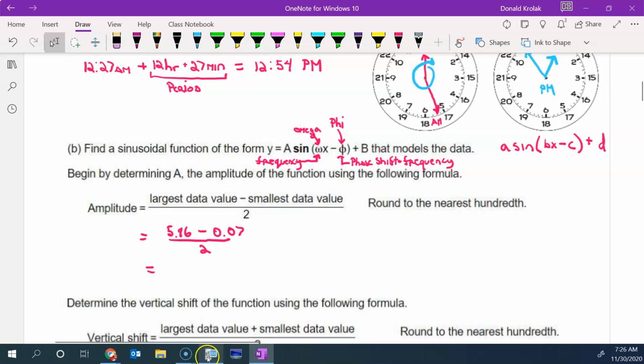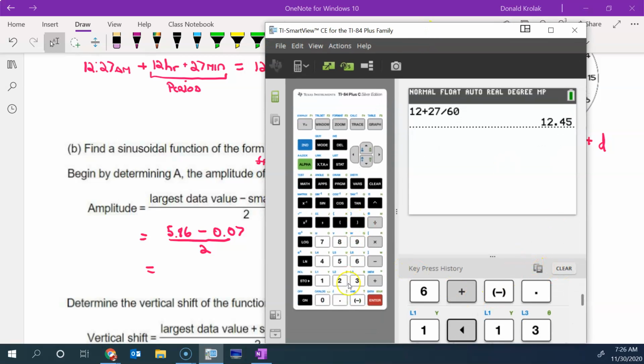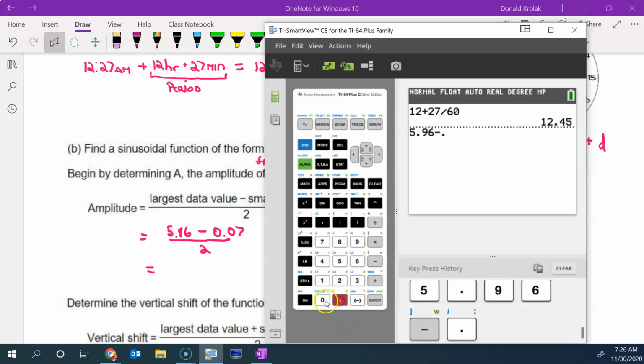And round that to 2 decimal places. Okay, so that's pretty easy. 6 minus 0.07 divided by 2.